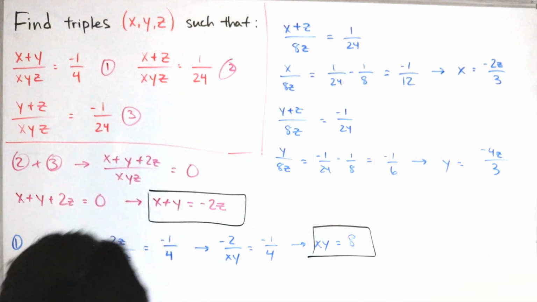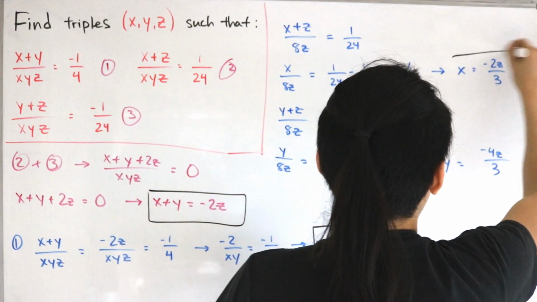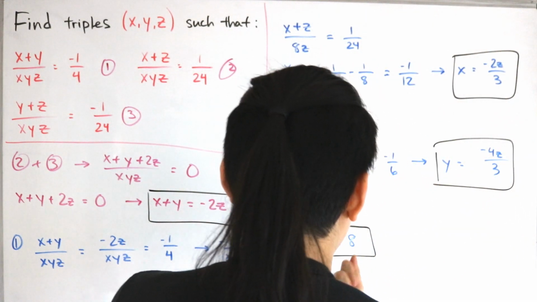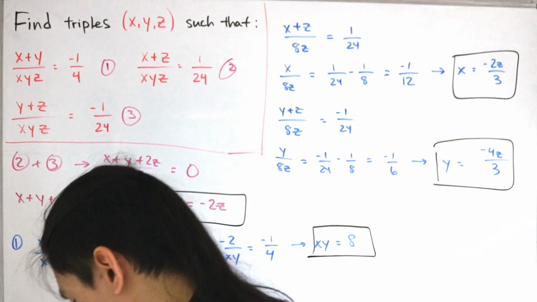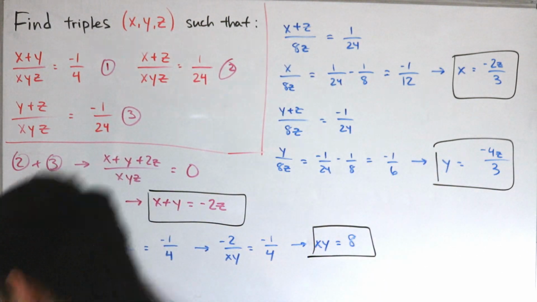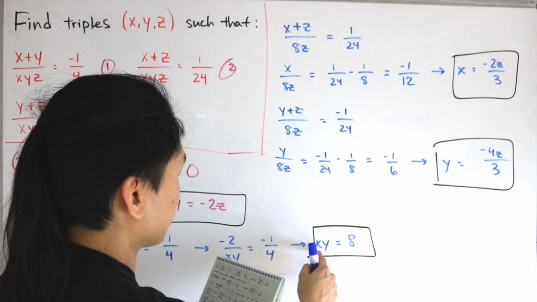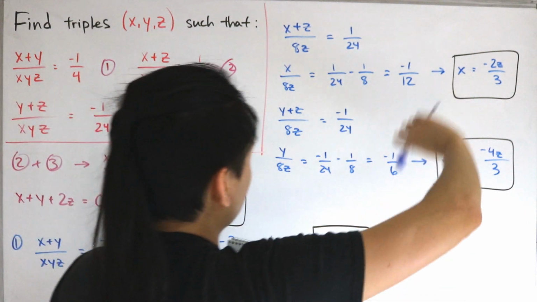So with that in mind, we have something for x and y, and now all we have to do is find something for z so that we can form some sort of construction utilizing this information. We're almost done. So going back to the equation x times y equals 8, we can choose either way, it doesn't matter.